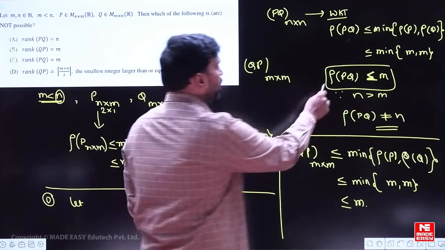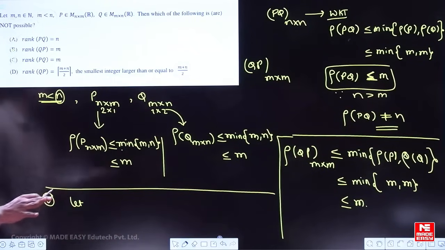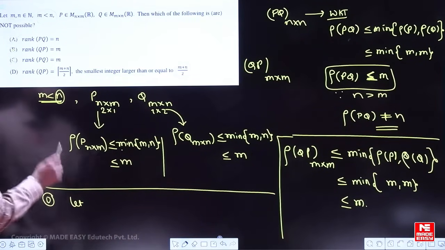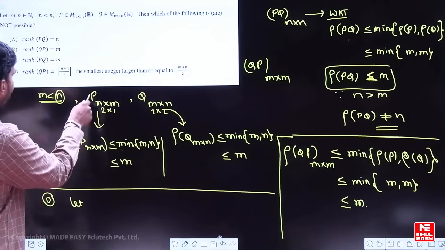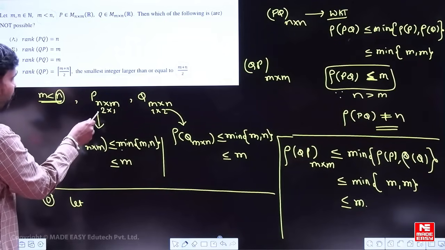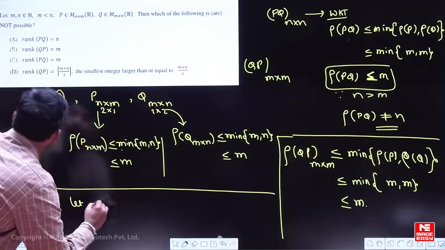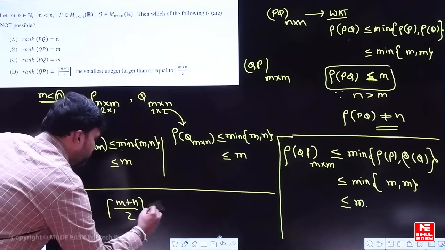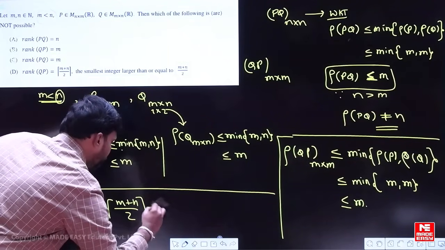It will be at most the minimum of M, it can be less than that or M, but not more than that. Here the rank of QP, P is this and Q is this. So what is the value of M? 1, and what is the value of N? 2. So 1 plus 2, if you take (M plus N) by 2 of this, what will this become?